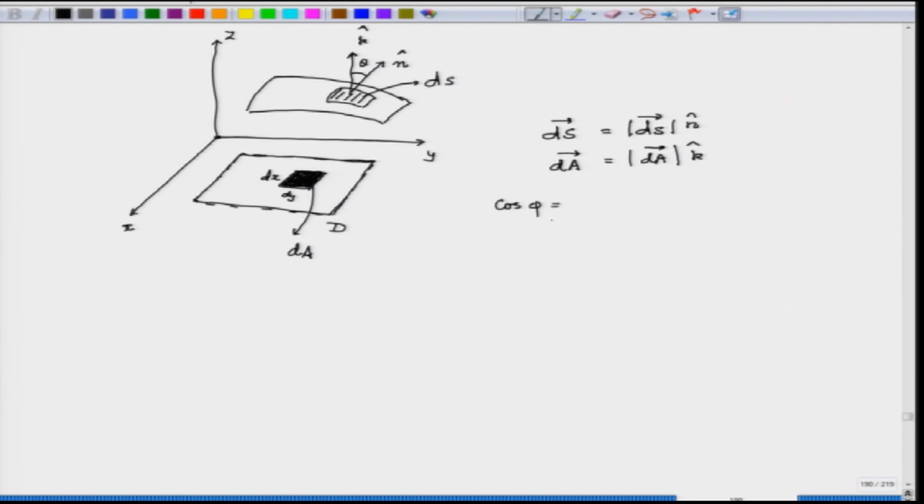So, I can write it as the ds vector dot the dA vector, divided by the norm of ds into the norm of dA.